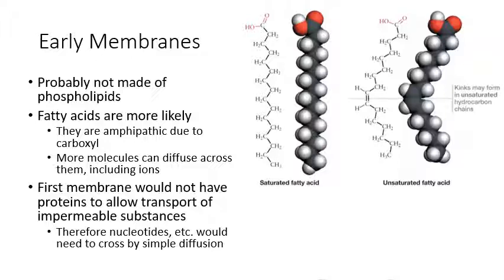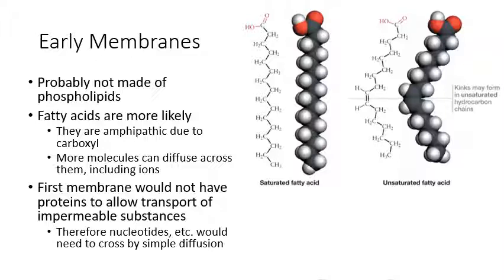When you're building a membrane out of fatty acids, it's going to be maybe less stable than a membrane made out of phospholipids. A fatty acid is just smaller than a phospholipid and its structure is simpler. So a membrane made out of fatty acids is going to be a thinner, simpler membrane.